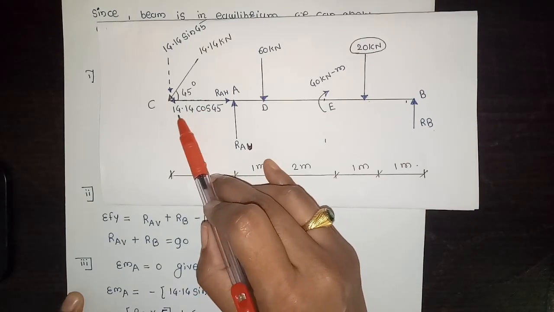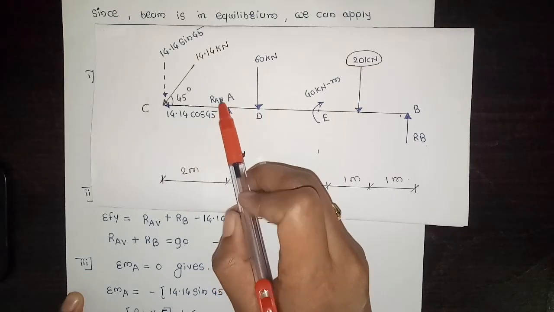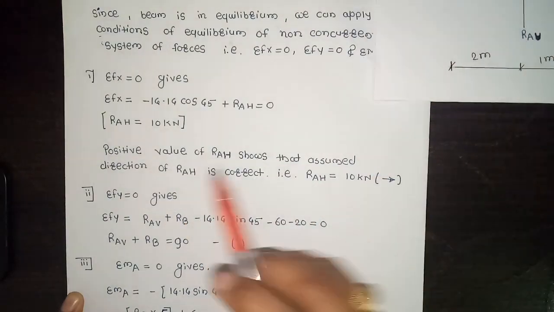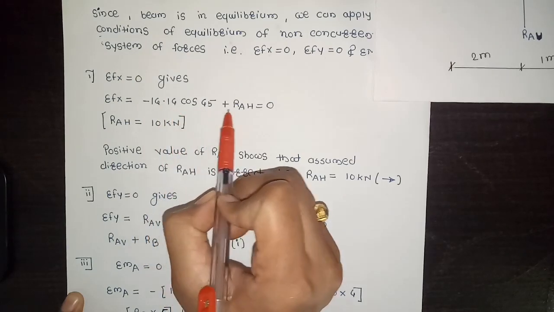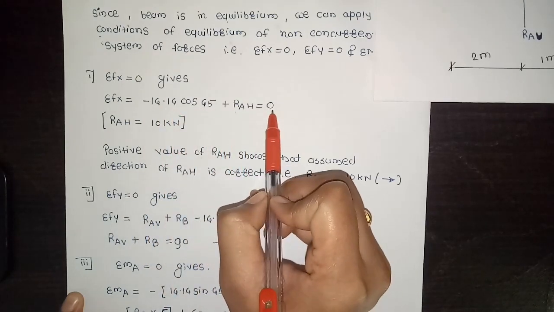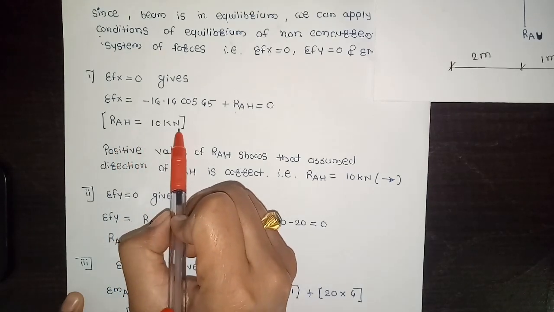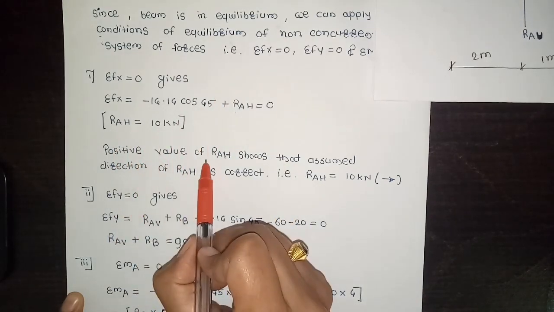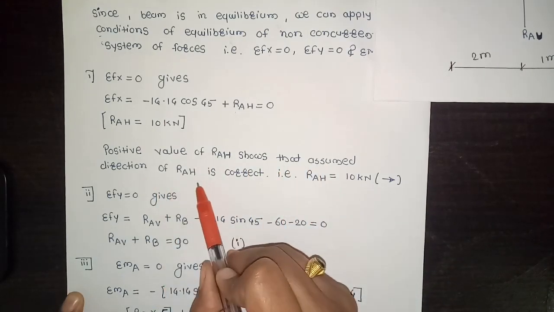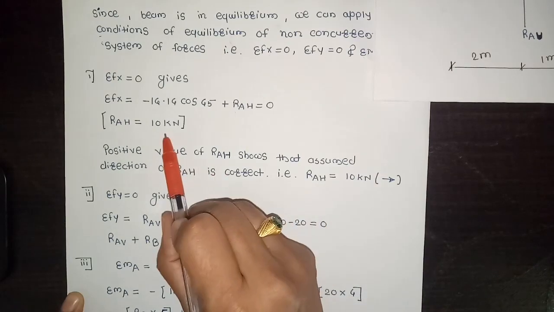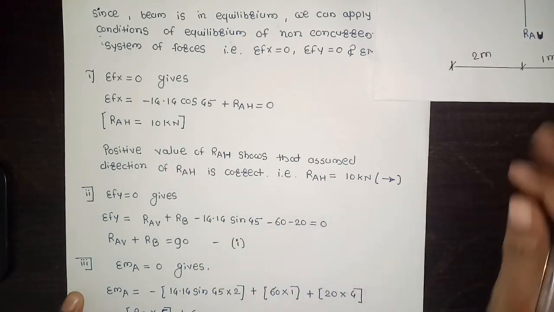See the direction, 14.14 cos 45 is negative and RAH is positive. So minus 14.14 cos 45 plus RAH is equal to 0. Then RAH is equal to 10 kilonewton. The positive value of RAH shows that the assumed direction of RAH is correct, that is RAH is equal to 10 kilonewton in positive direction.